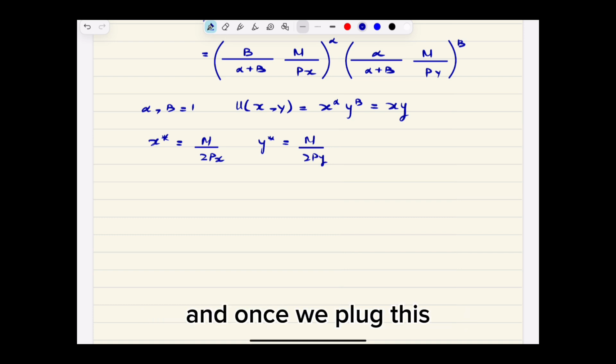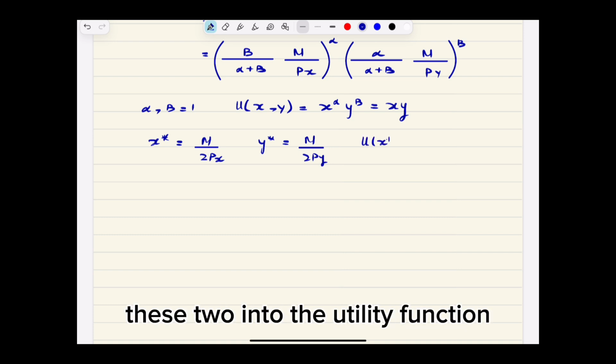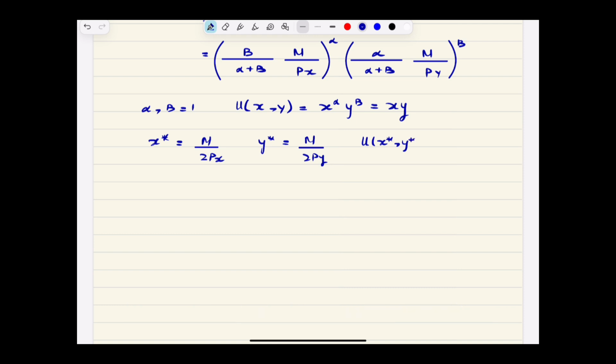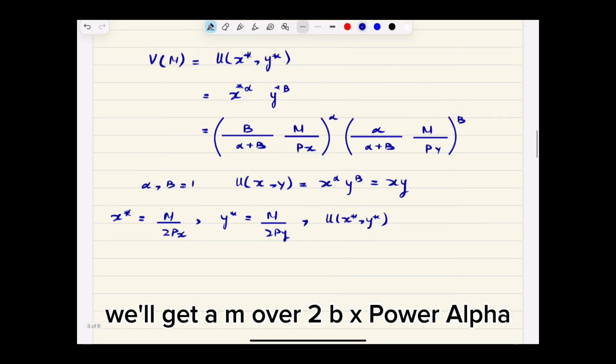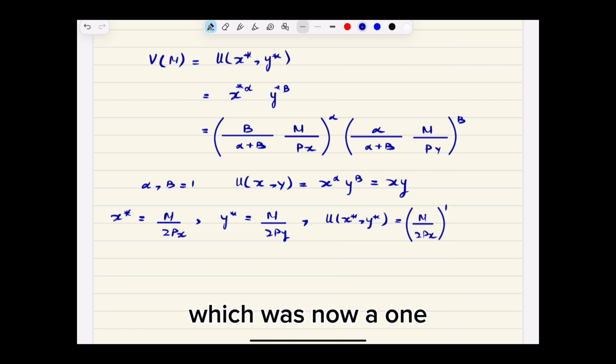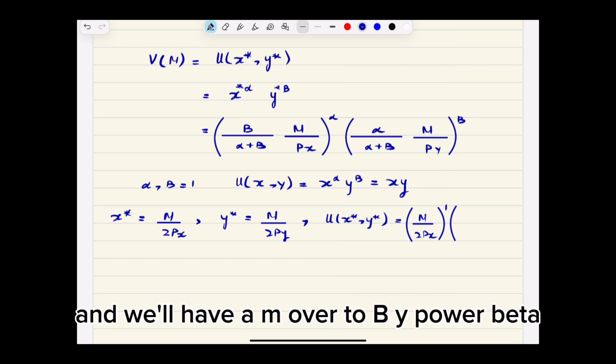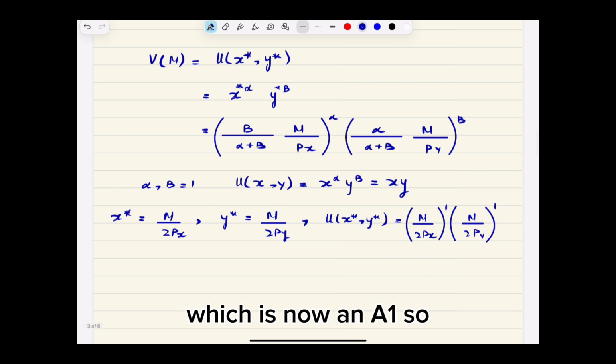And once we plug these two into the utility function above, we'll get m over 2 px power alpha, which is now 1, and we'll have m over 2 py power beta, which is now 1.